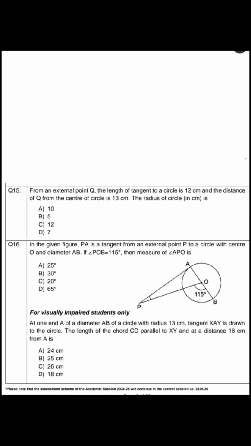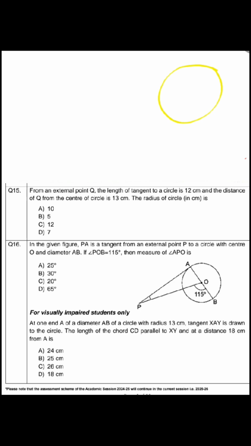Now the question number is 15 here. How we will solve the question number 15? From an external point Q, the length of tangent to a circle is 12 centimeter, and the distance of Q from the center. You draw your first circle. Where is the point Q?